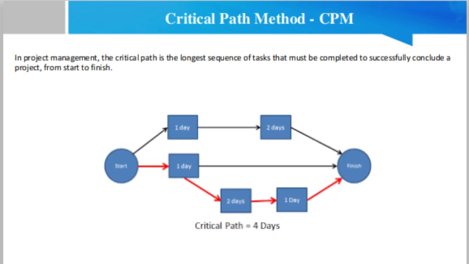The critical path method is used in project management to create project schedules and help project managers create a timeline on a Gantt chart for the project.